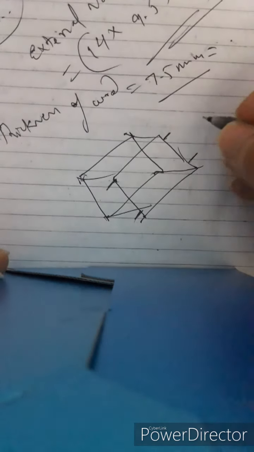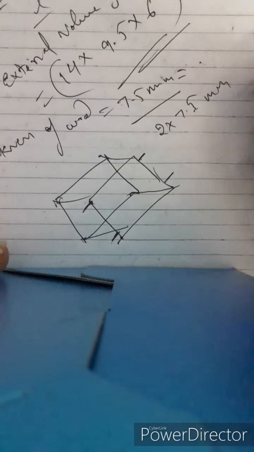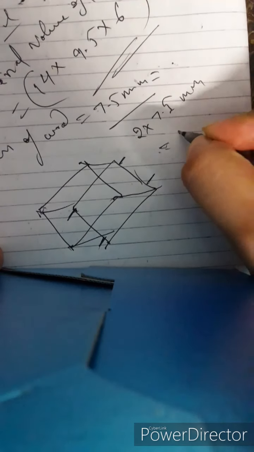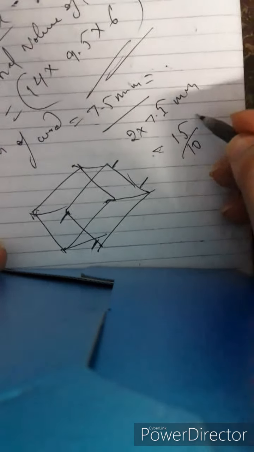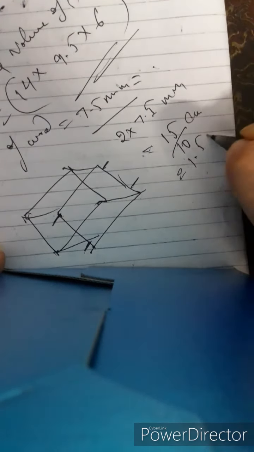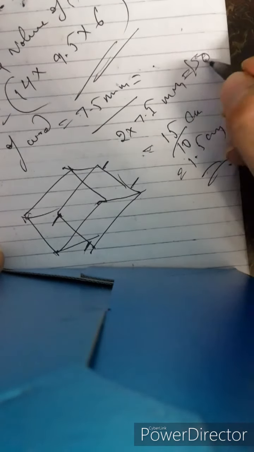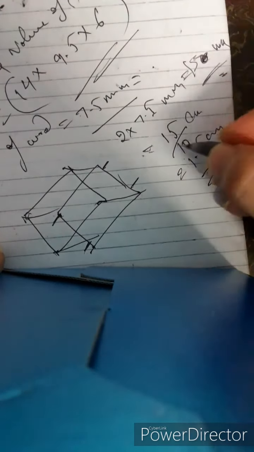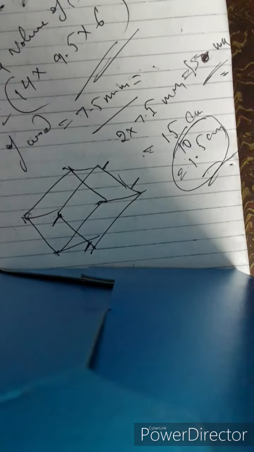So it becomes 2 into 7.5 millimeters thick for each of length, breadth and height. 2 into 7.5 millimeters becomes 15 millimeters, that is, 1.5 centimeters is the overall thickness.